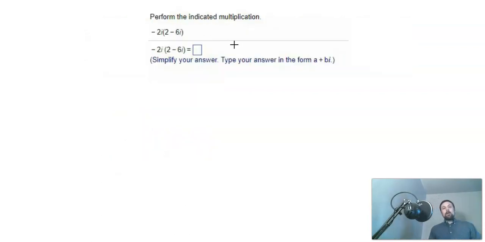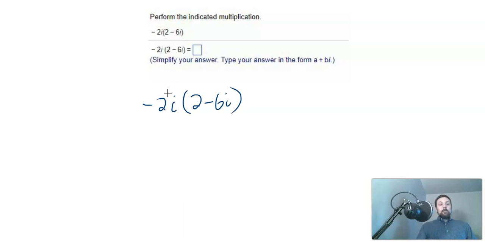All right, here we're multiplying. We have negative 2i times 2 minus 6i. And so we will multiply here. I'll distribute. We're not FOILing because it's not two terms. There's one term in the first complex number, which by the way is missing the real part. It just has an imaginary part.